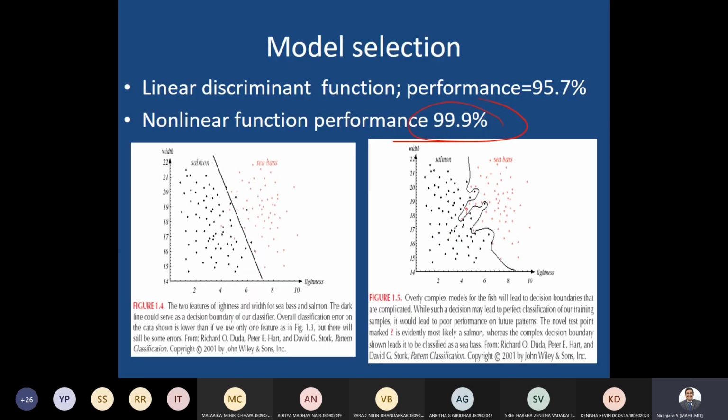Anyway, what you need to understand here, one slide I have put: when you are selecting a model, we are trying to define a well-defined boundary. Sometimes it may not be possible with a linear line. You may have to fit a non-linear line like this, or maybe something far better, a non-linear one of this kind. A complex nonlinear line you can also fit with the training set. But what happens? Anybody, can you guess?